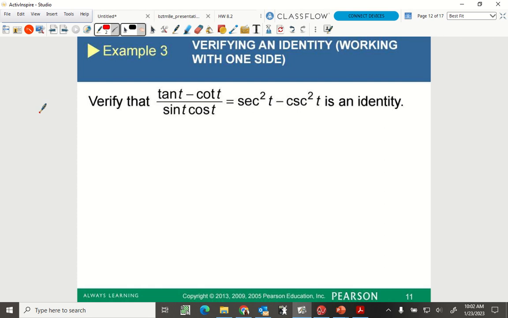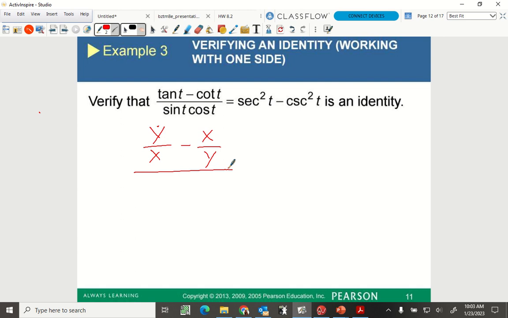So, tangent is Y over X, minus cotangent X over Y, all over Y and X.